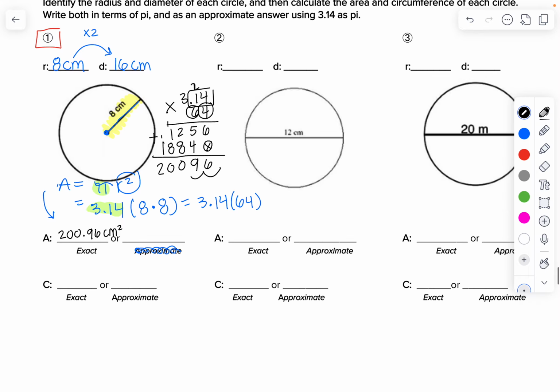Now for circumference, we need to multiply. C is equal to pi times 2r.